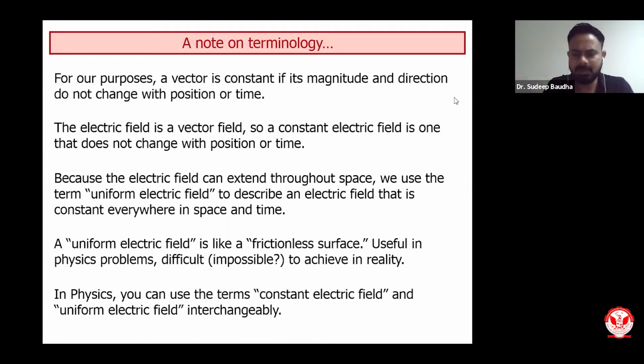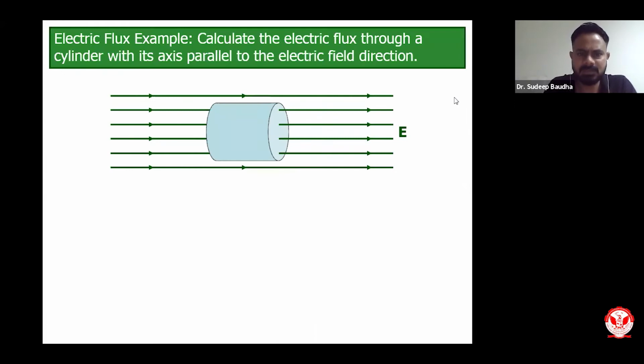So with that knowledge of electric flux, let us start with some calculation and try to find the amount of electric flux over a particular geometry. This is a derivation you can find in many standard books, and I will try to derive it in very simple steps. Let us find the electric flux through a cylinder with its axis parallel to the electric field direction.